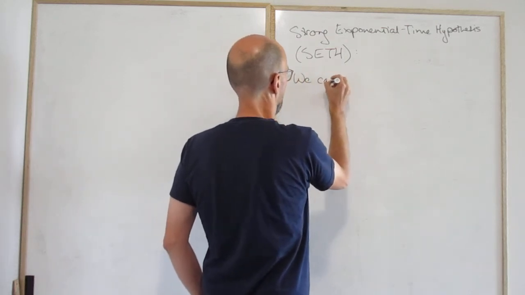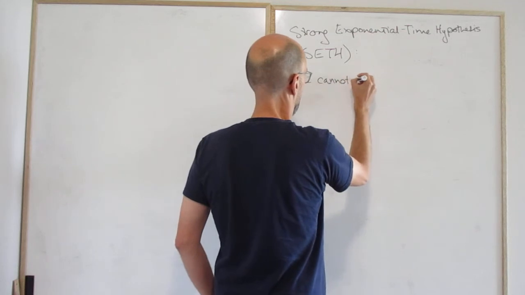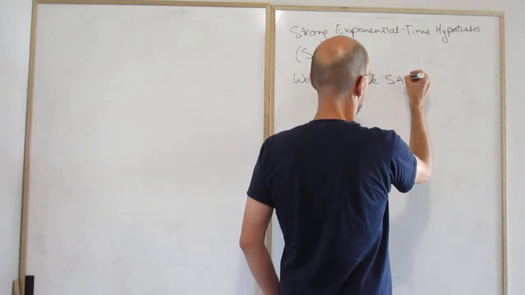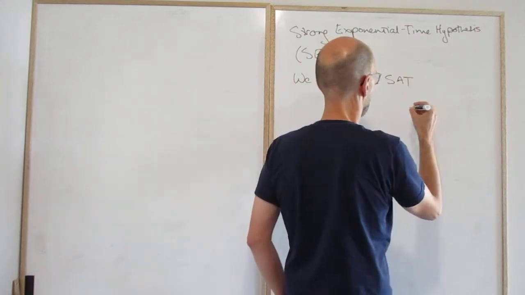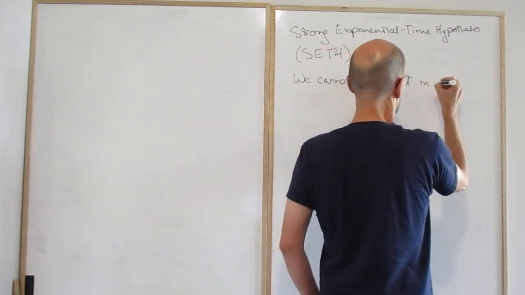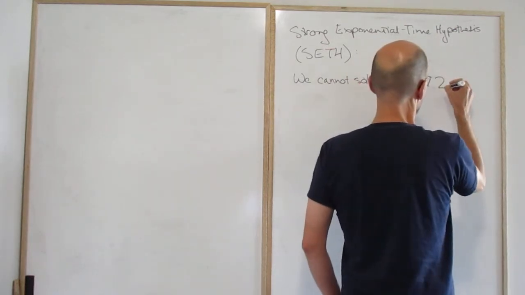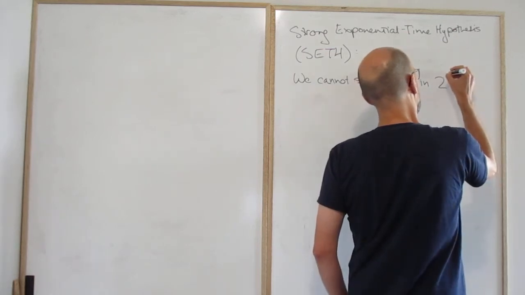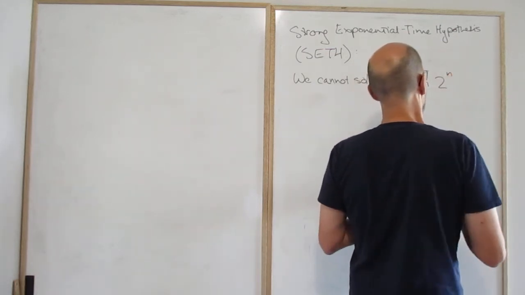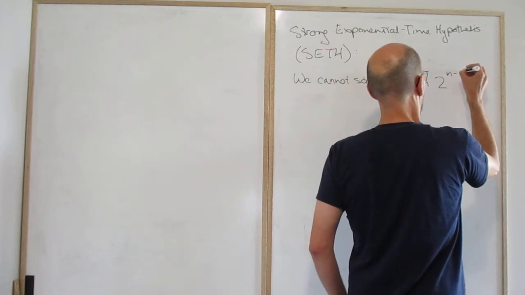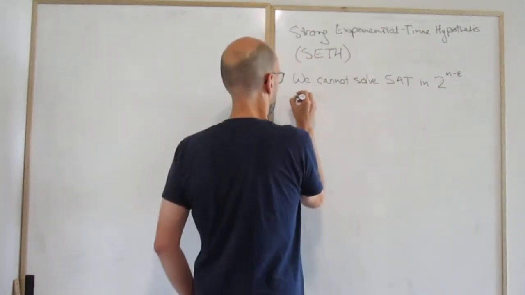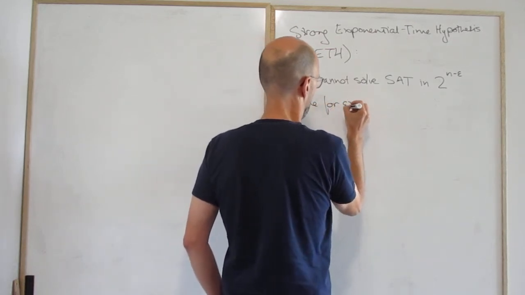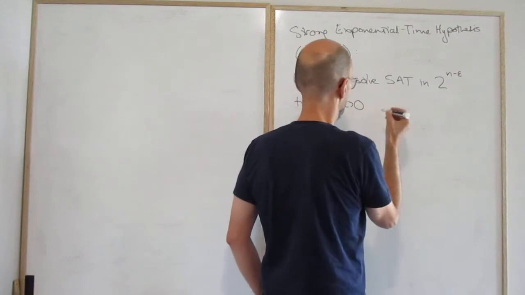We cannot solve SAT in 2 to the, I think I'm getting this right, I think it says 2 to the n minus epsilon time, for constant epsilon, positive constant epsilon.